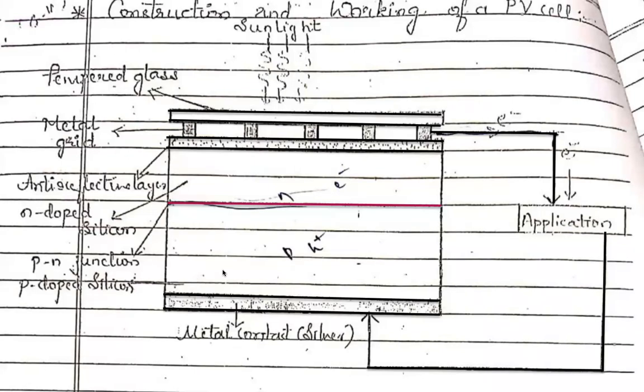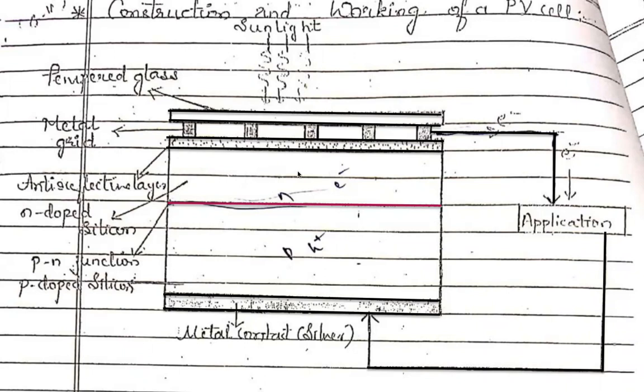This photovoltaic cell is made up of an ultra thin N-type, that is phosphorus doped silicon. Below it, we have a thicker layer of boron doped P-type silicon.